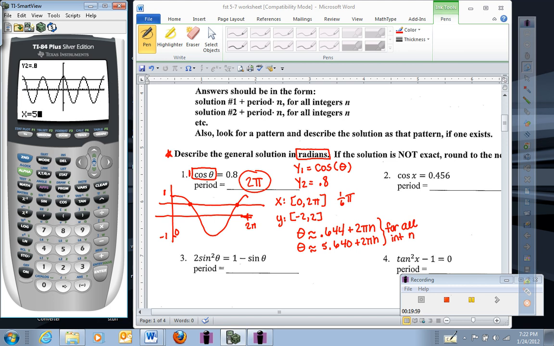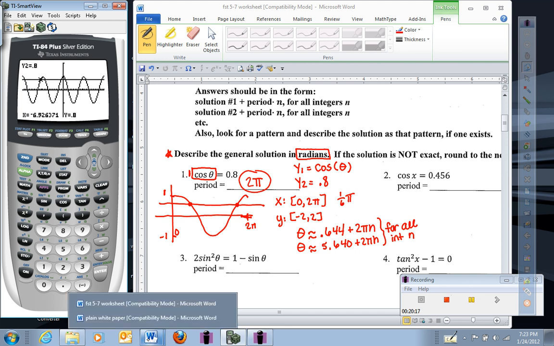If I went 5.640 minus 2 pi, I would get the one to the left on the way up. I could do 5.640 minus 4 pi, and I would get another one to the left.